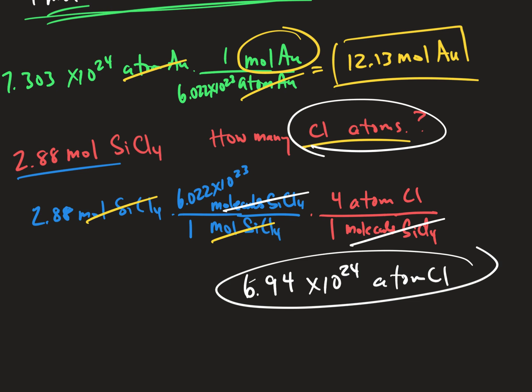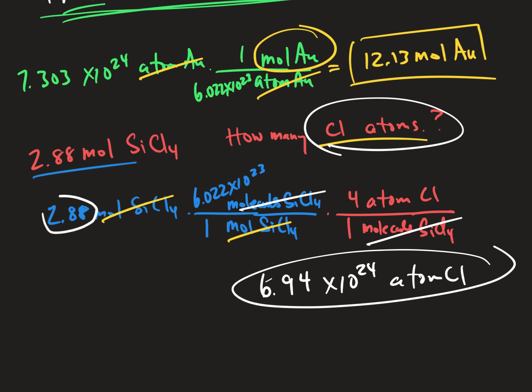How do we feel about that? Easy, hard, somewhere in between? Yeah. Sandy. That answer, the 6.94. So we take 2.88 and we multiply by this number, 6.022 times 10 to 23, and then we multiply by 4.